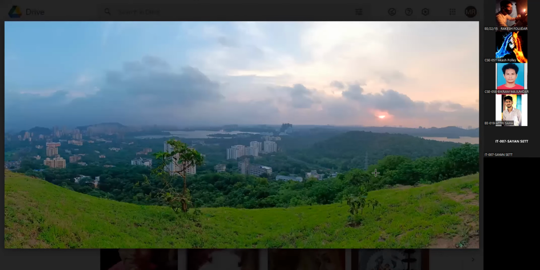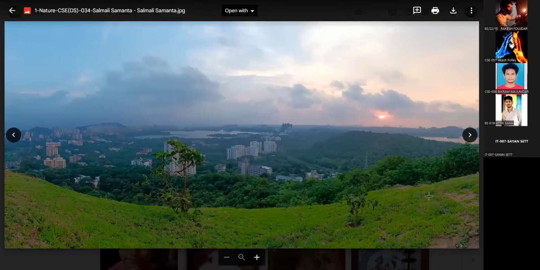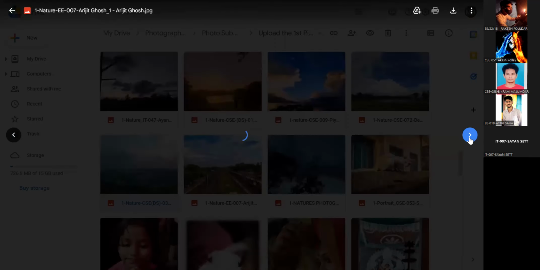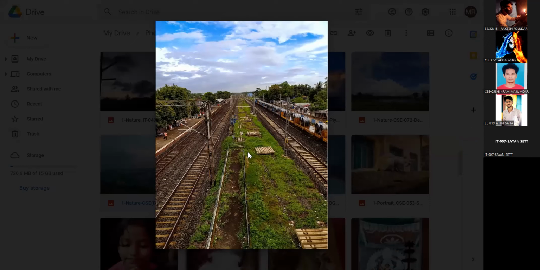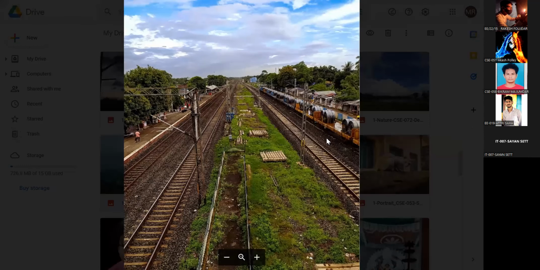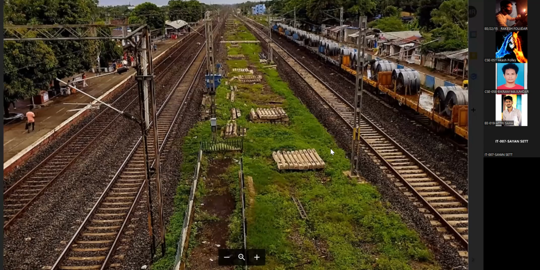Okay. Good looking pictures. This is taken from the overbridge.